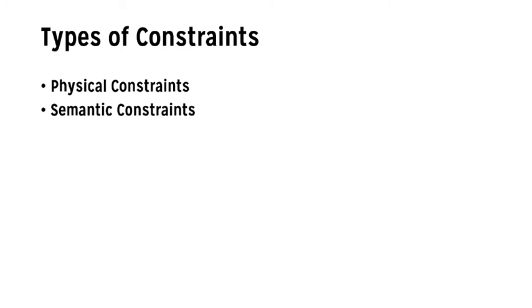Semantic constraints are limitations based on the meaning of the situation. So what this means is that there are certain things that you have to include in a system in order for it to function.